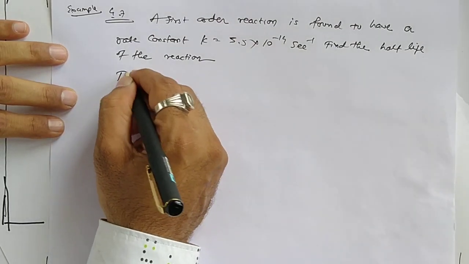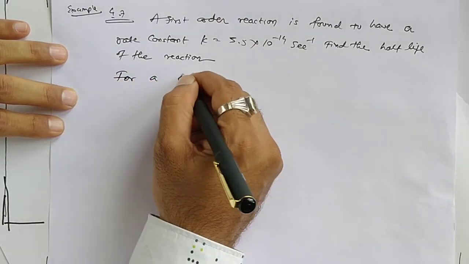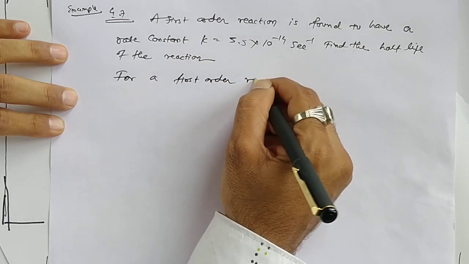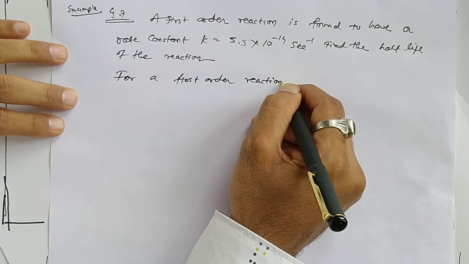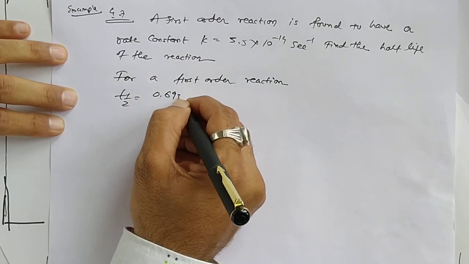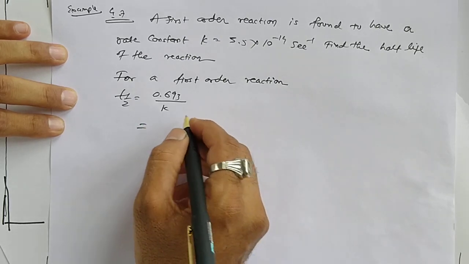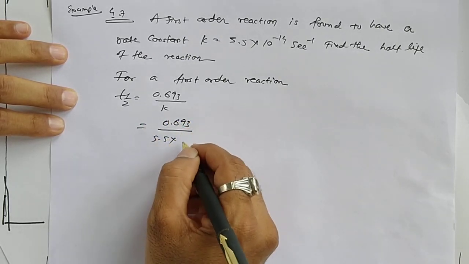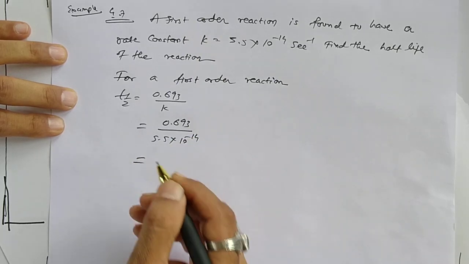Half-life for a first order reaction, T1/2 is equal to 0.693 upon K. Here K is 5.5 × 10^-14.